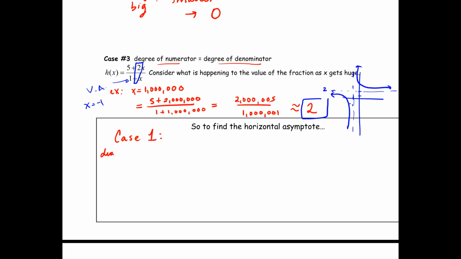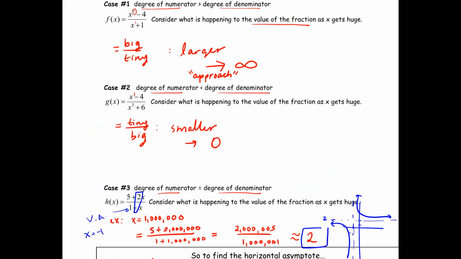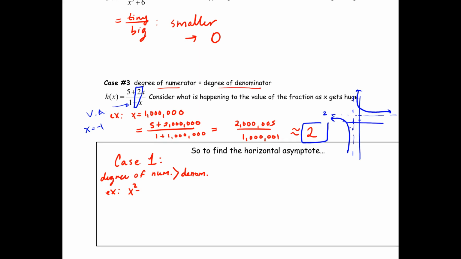If the degree of the numerator is greater than the degree of the denominator, just like the first example, x squared minus 4 over x plus 1, then you will have a horizontal asymptote, HA, at nothing, because it's going to approach infinity. The x and y values are just going to get larger and larger, so there's not going to be any number they're approaching.